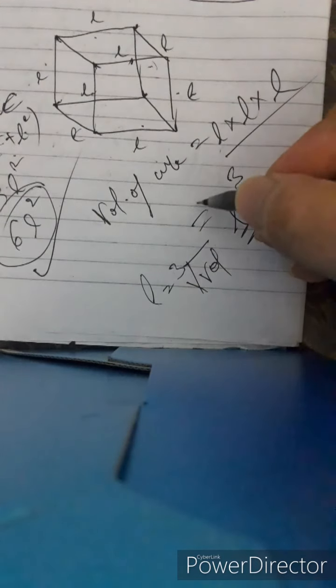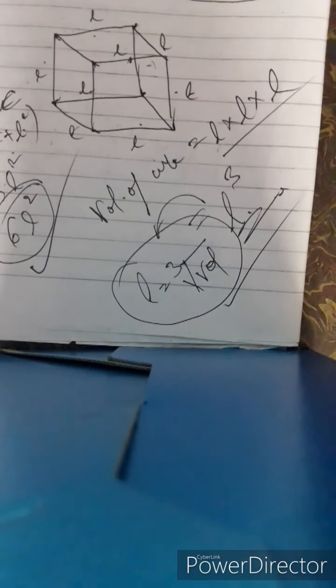Similarly, reverse, one edge L becomes cube root of volume. It's very simple. You can remember this by deriving the cube from the example of cuboid only, with all sides similar.